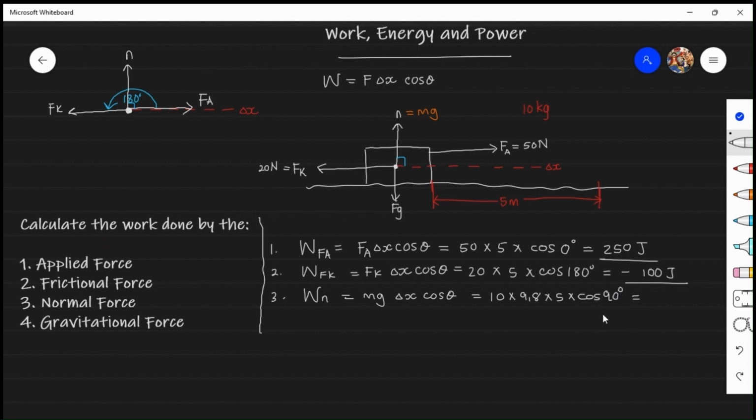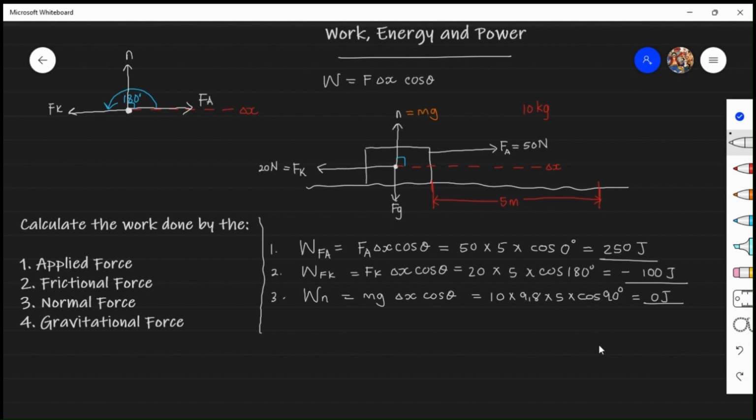And if you put in 10 times 9.8 times 5 times cos of 90 into your calculator, you would end up with a value of 0 joules. The reason is that cos of 90 is 0, and anything times 0 is 0.